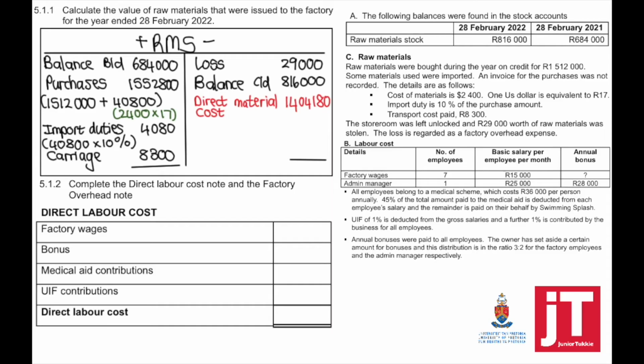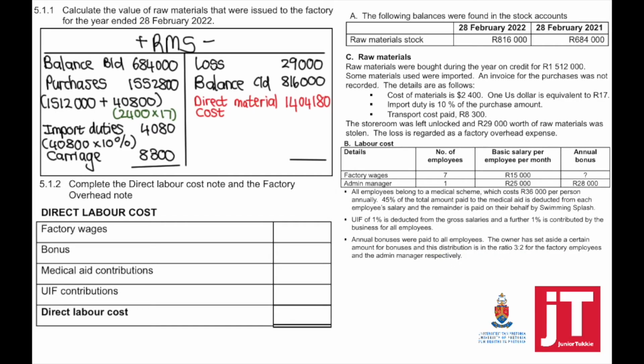UIF is 1% deducted from the gross salary, further 1% is contributed. An annual bonus was paid to all employees. The owner has set aside a certain amount for bonuses, and this distribution is in the ratio 3:2 for the factory employees and the administration manager respectively.